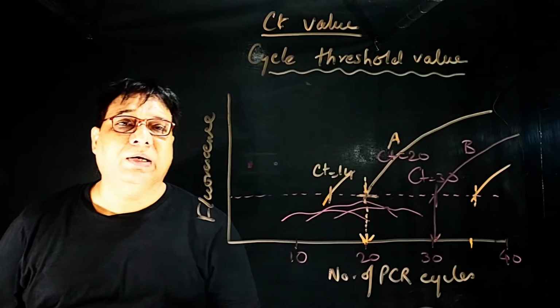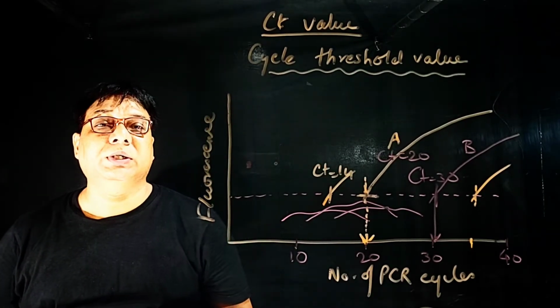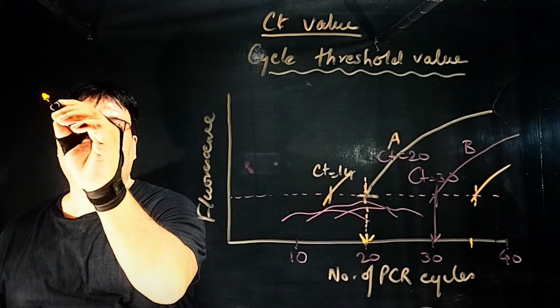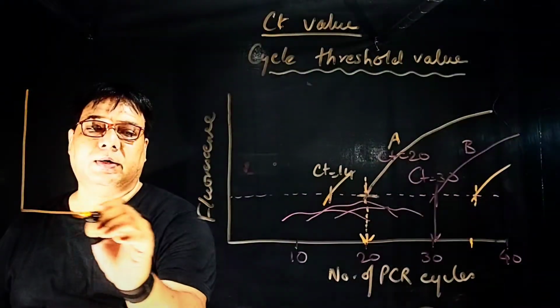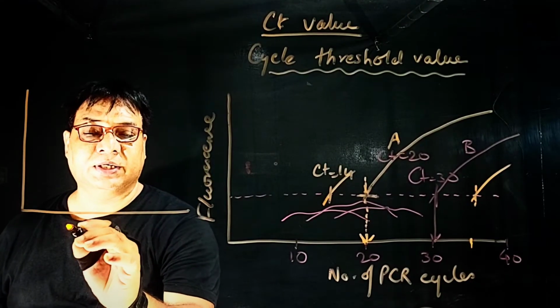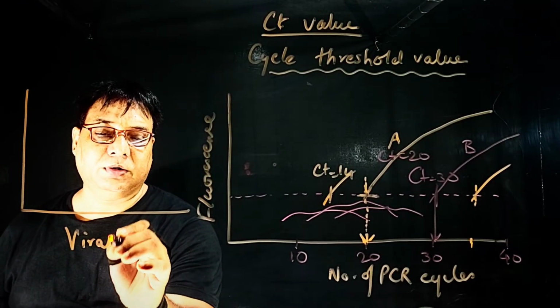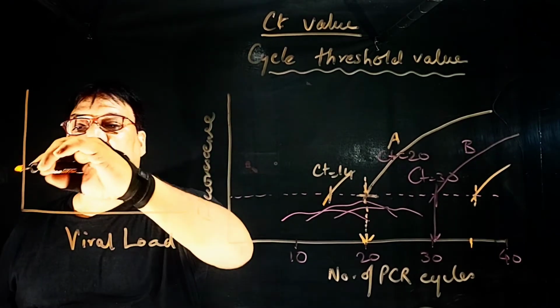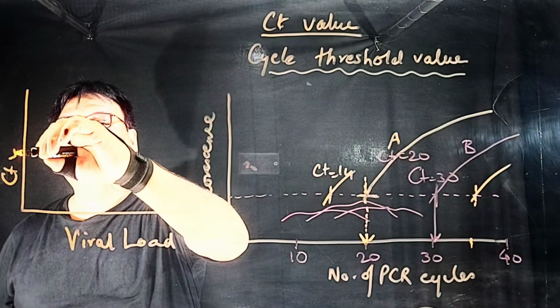That means CT value is inversely proportional to the viral load. Say this x-axis indicates the viral load, how many viruses you are carrying, and this y-axis is CT value.